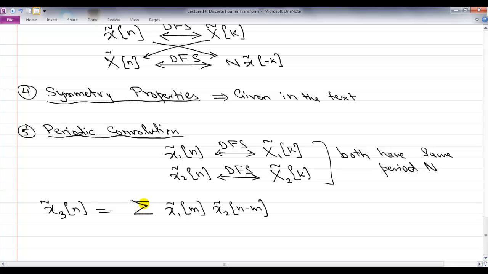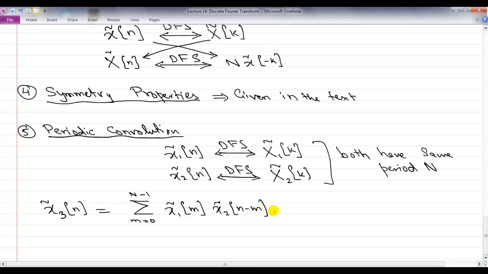In the canonical convolution, you sum from minus infinity to infinity, right? If it wasn't periodic convolution, then you would say take m equals minus infinity to infinity. In periodic convolution, we say just take the sum over one period, and in general we will be taking the sum over the principal period from 0 to N minus 1.